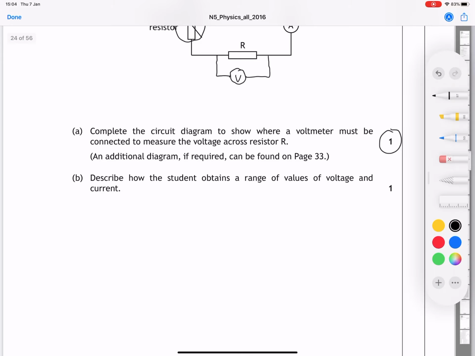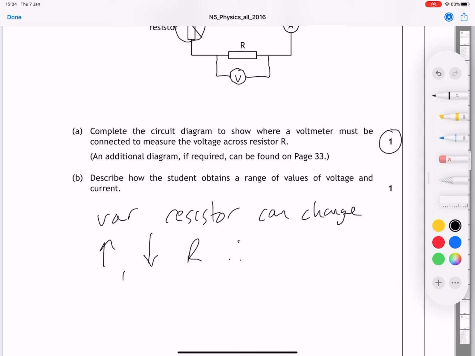So you would need to write something along the lines of the variable resistor can change, it can increase or it can decrease its resistance, therefore voltage and current can change. Something along those lines. It's 1 mark.